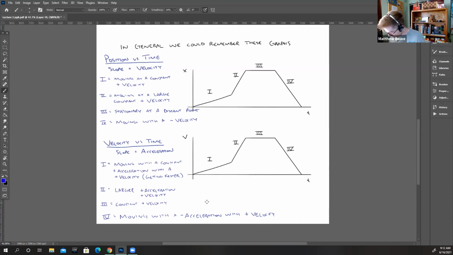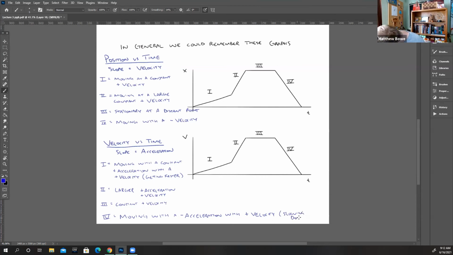Typically, whenever these two signs are opposing, that is called decelerating or deceleration. So I could put slowing down.